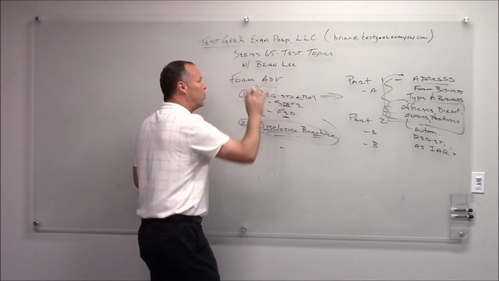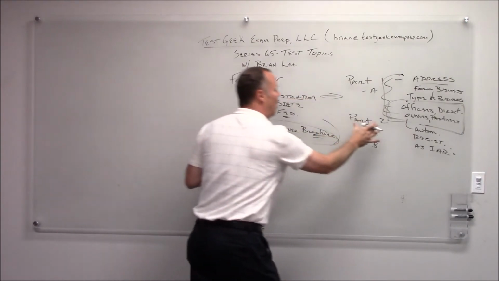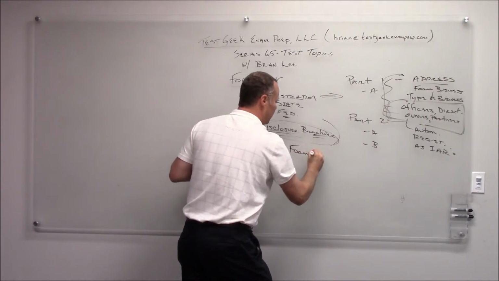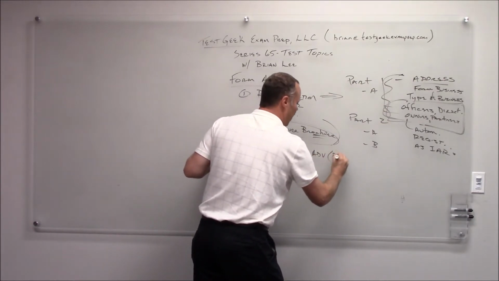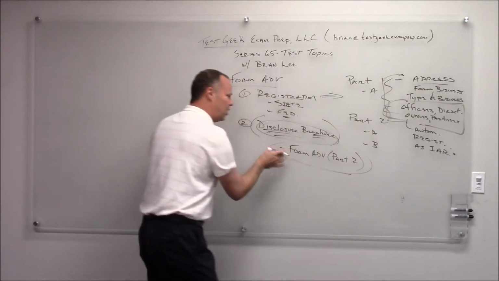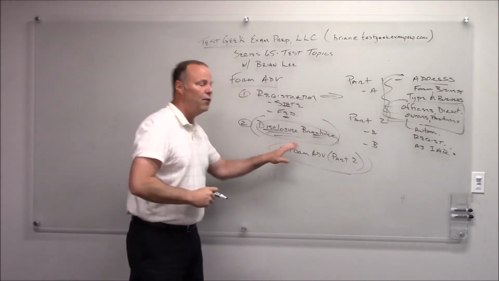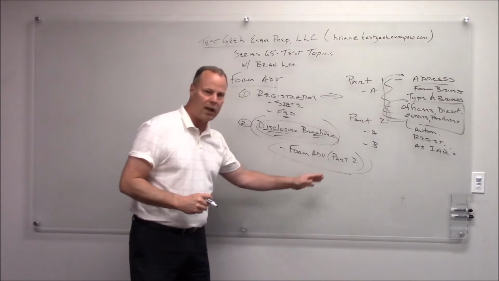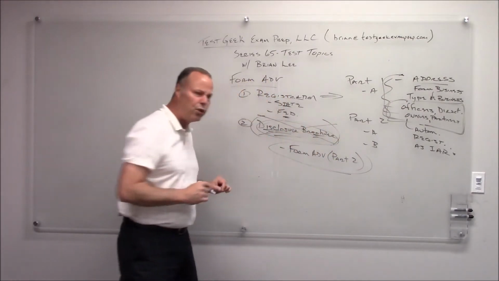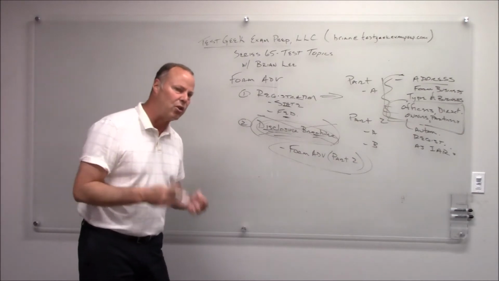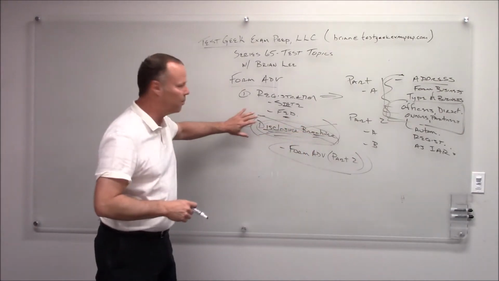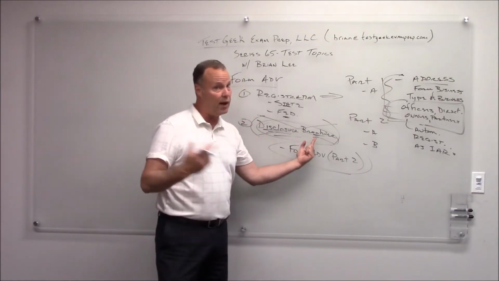Or, since we know that the Form ADV Part 2 is used as the disclosure brochure, the test question might specifically refer to Form ADV, required documents, something like that. Very rarely will they ever refer to this as the disclosure brochure on the real test. The textbooks and the practice questions use that phrase a lot.